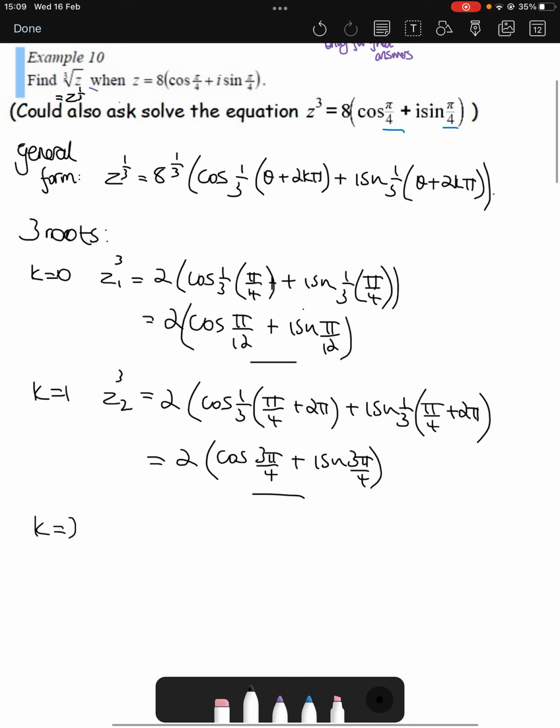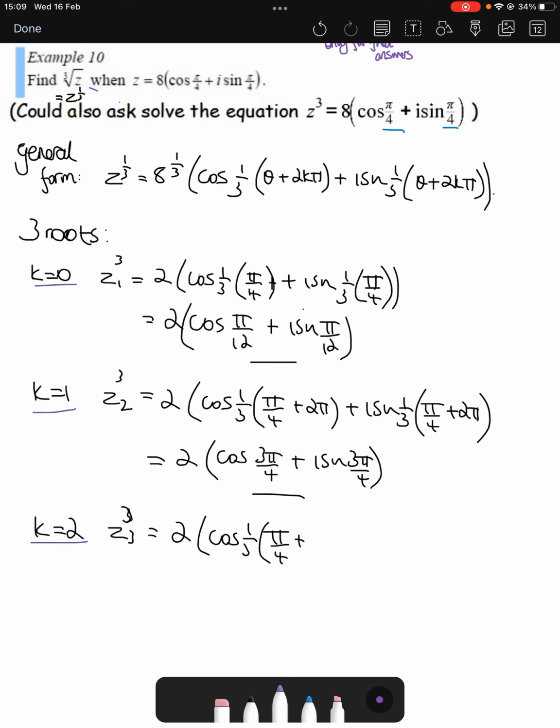Last root. Two cos of a third theta. So this time k is 2. Obviously this is changing each time. K is 2, going back to your general form, what we're really doing now is plus 4 pi.